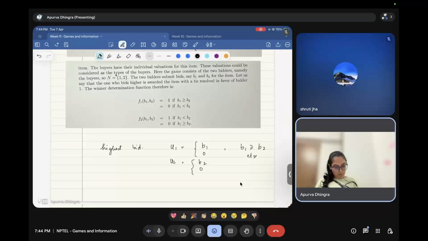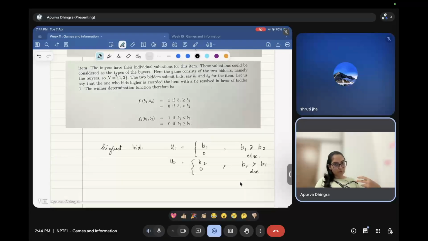In the opposite scenario, b2 will be the one having a utility, and that is if the bid b2 is strictly higher than the bid b1. Else he doesn't get the item, so for him the utility is 0.